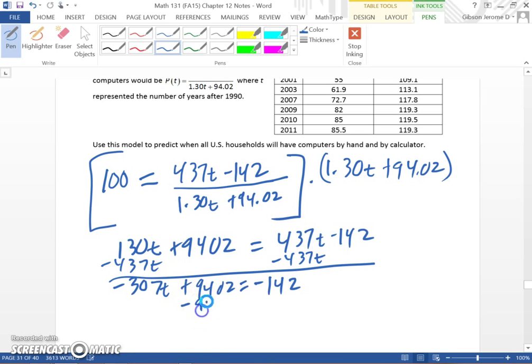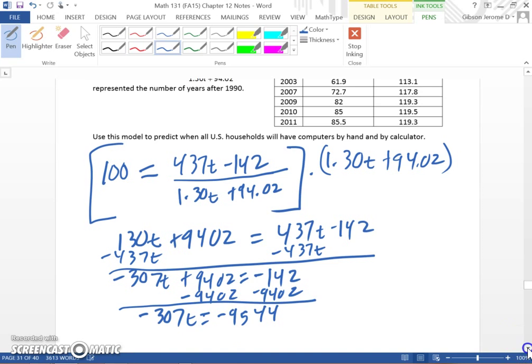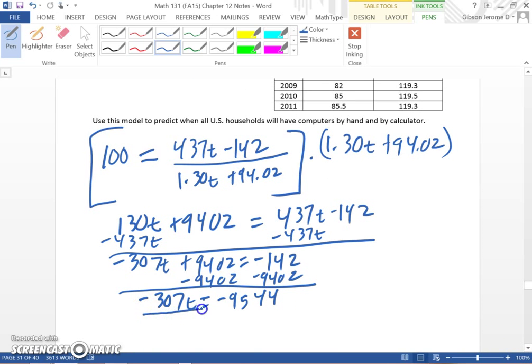Now we will subtract 9,402 on both sides. So we have negative 307T, and that will equal negative 9,544. Now we will divide each side by negative 307.